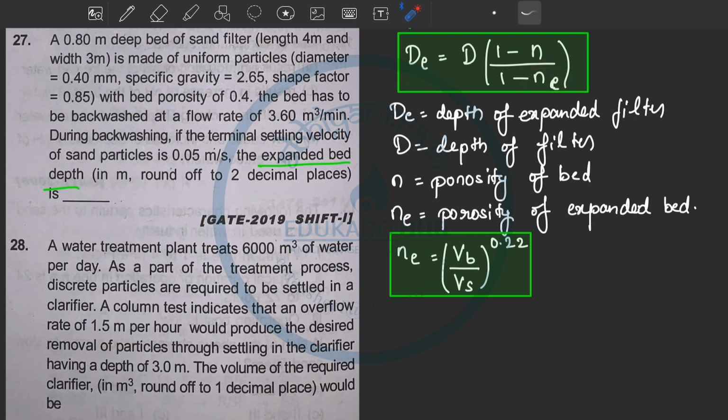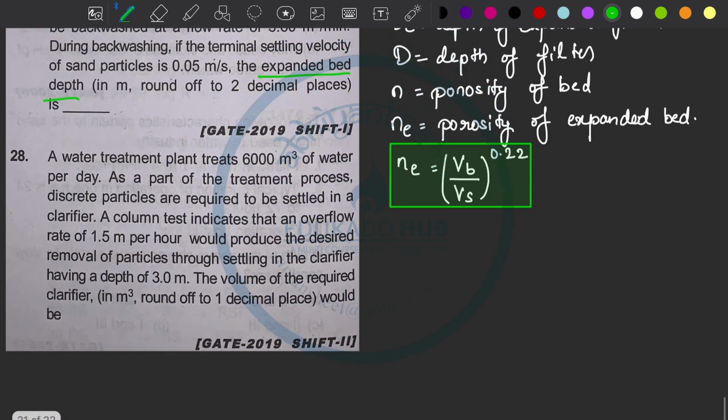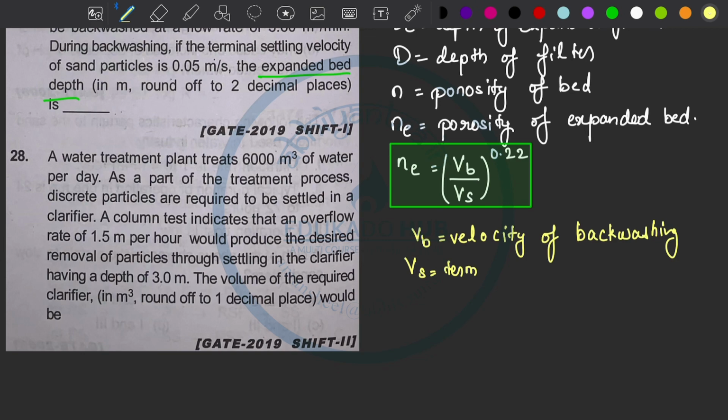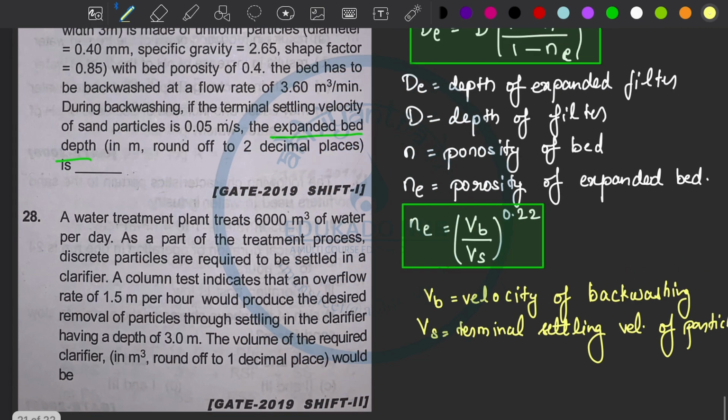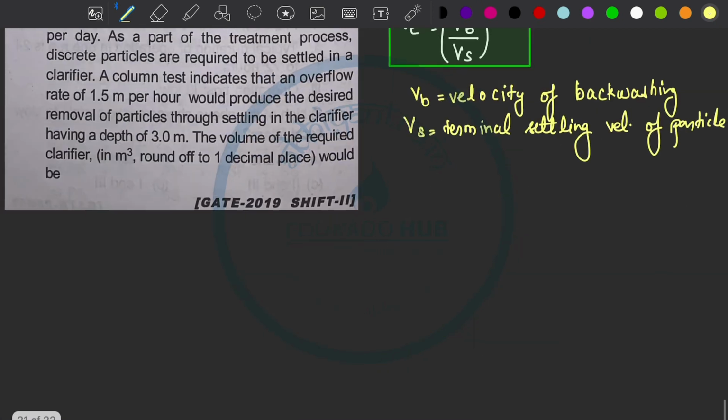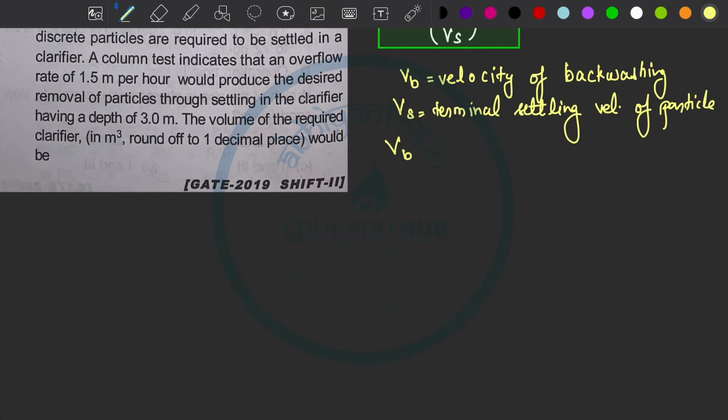For this, we should know what VB and Vs are. VB is the velocity of backwashing, and Vs is the terminal settling velocity of the particle. The velocity of backwashing is also to be calculated. How can we calculate this VB?